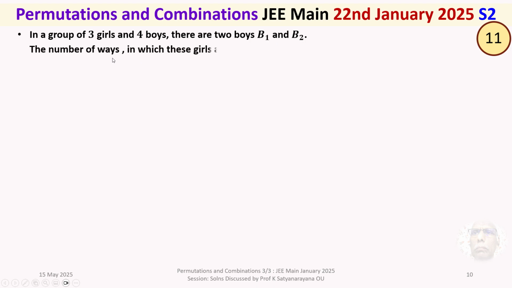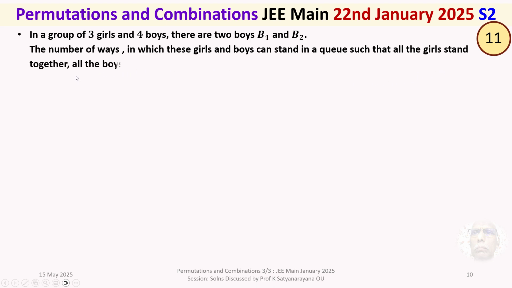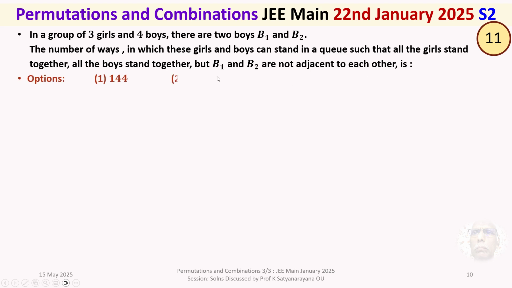The number of ways in which these girls and boys can stand in a queue such that all the girls stand together and all the boys stand together, but B1 and B2 are not adjacent to each other. We are given 4 options.